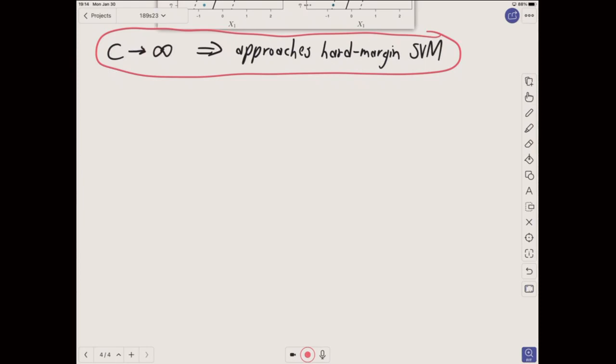I'm going to change topic now, and address the question of what if your data needs a nonlinear decision boundary? Does that mean you can't use linear methods like support vector machines? Well, no, it doesn't. People do this all the time. They use support vector machines to get nonlinear decision boundaries.